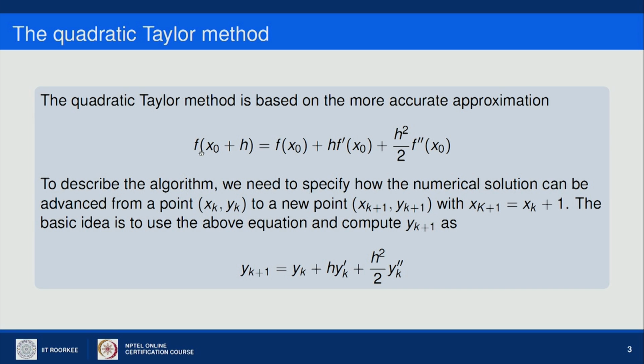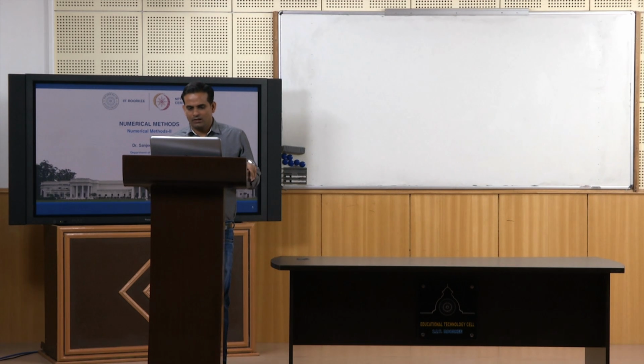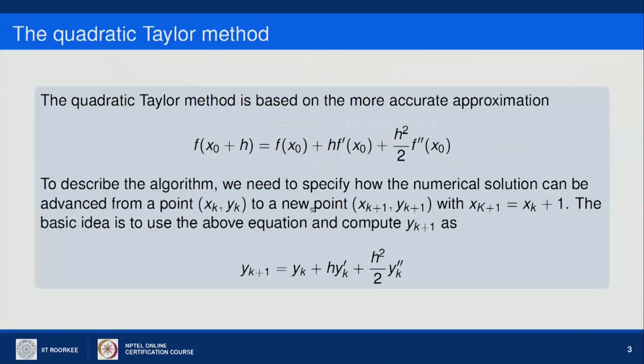So, a function f can be approximated about a point x naught by this expression, that is f of x naught plus h times f prime x naught plus h square upon 2 f double prime x naught. To describe the algorithm we need to specify how the numerical solution can be advanced from a point xk, yk to a new point xk plus 1, yk plus 1, where xk plus 1 is xk plus h.